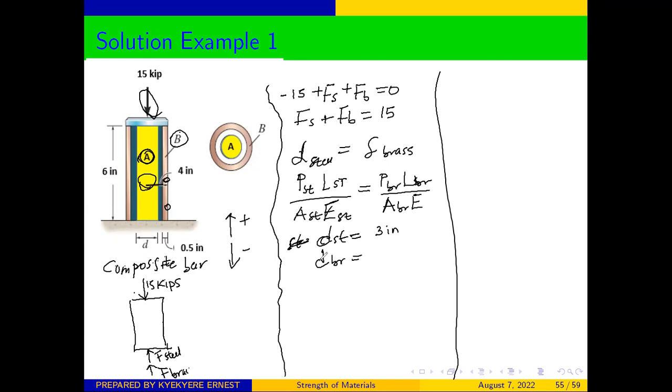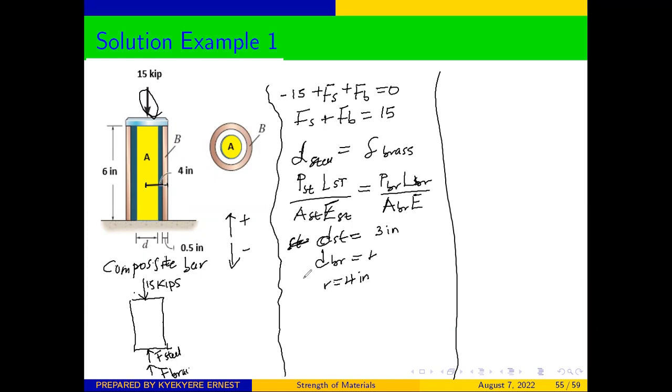From the question, if I clean everything which is there, you will see that we are told that the radius from the center to the end of the brass material is 4 inches. The radius is 4 inches.